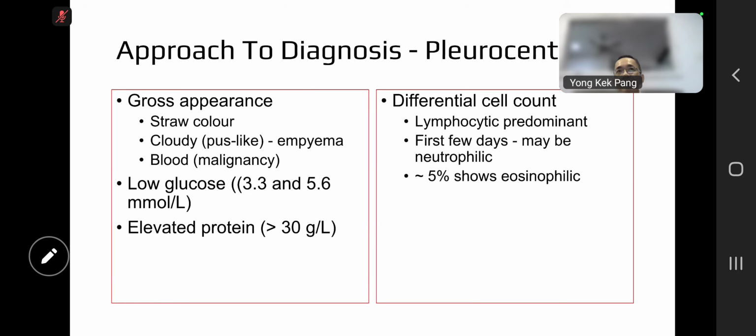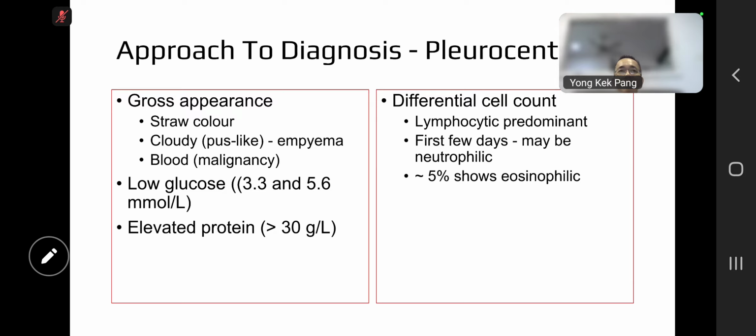All right. And then, pleural centesis. You would like to get a sample of the pleural fluid. Of course, I think we should not just mention the laboratory findings. Most of the time, for any pleural fluid that we aspirate from the pleural space, we should talk about the gross appearance.